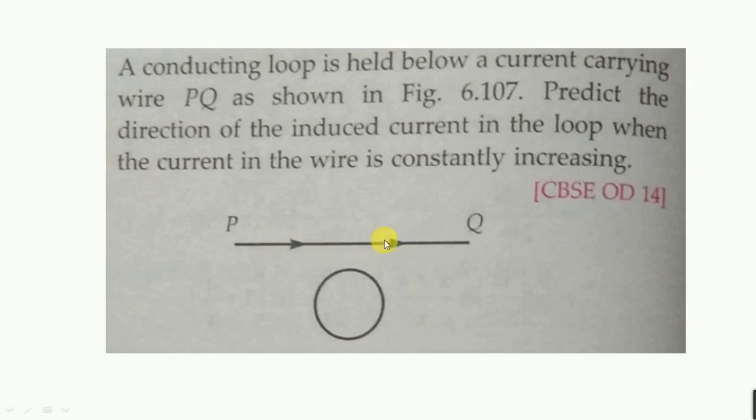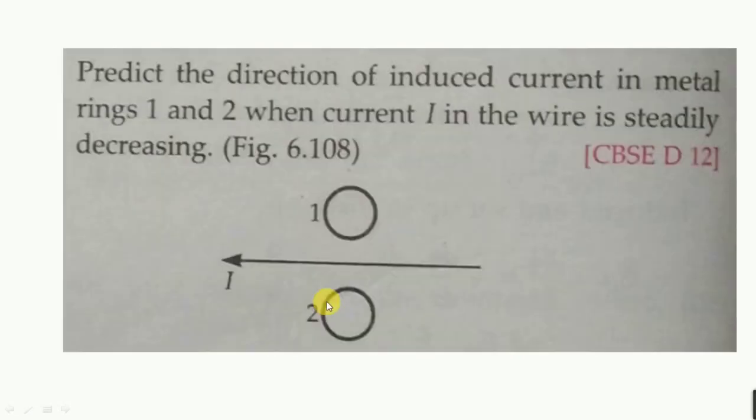In this question they are asking: the current through this wire is increasing, and you have to predict the induced EMF in this loop. Using the right hand thumb rule you will get the direction of the magnetic field due to this coil, and accordingly you can try. This is similar to the previous question.